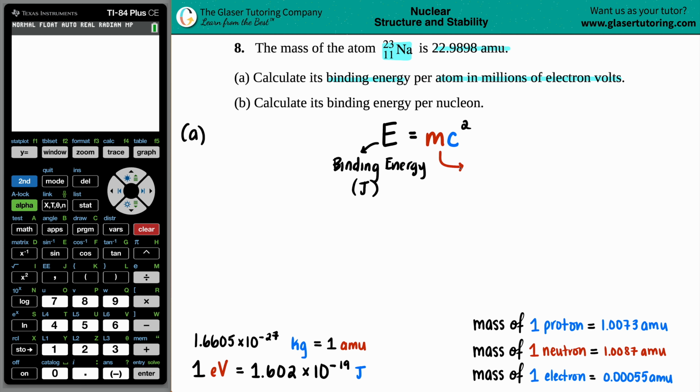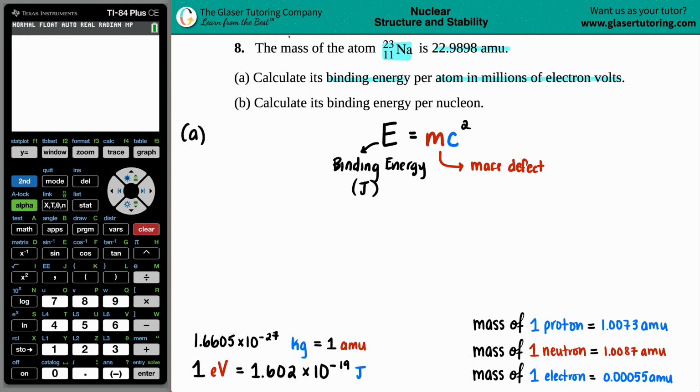So keep in mind that somehow we have to change the joules to electron volts. Now the m is some type of mass, but if we're solving for binding energy, we want the mass defect. There's going to be a discrepancy, because in the real world things don't match up to theory.